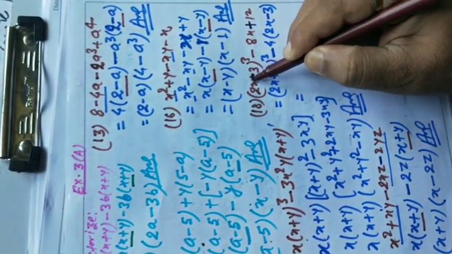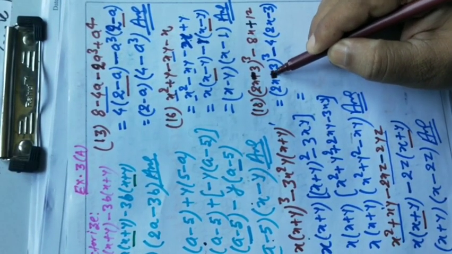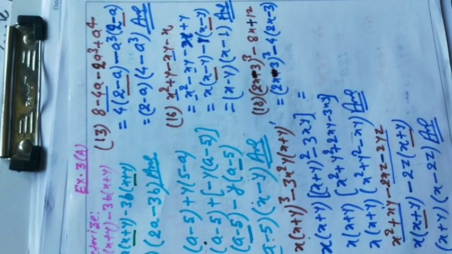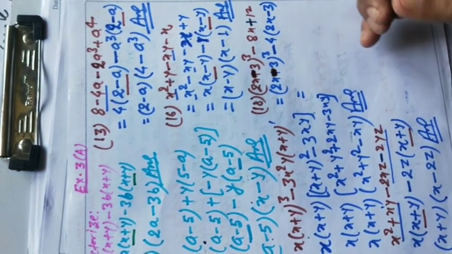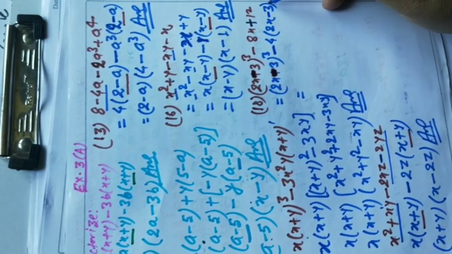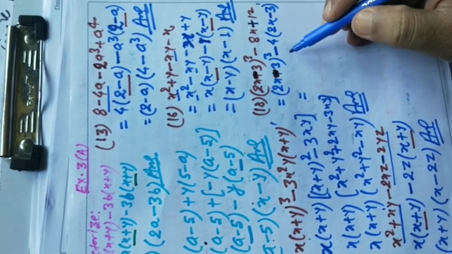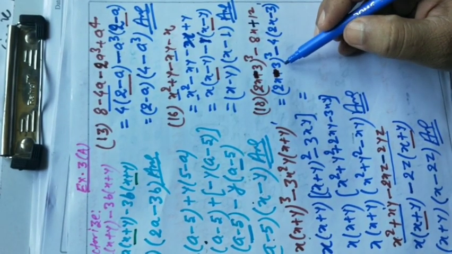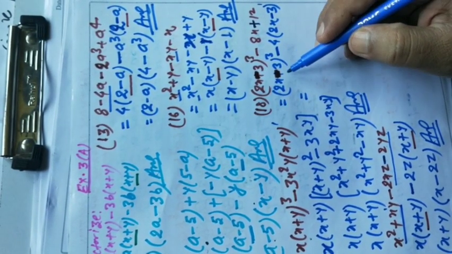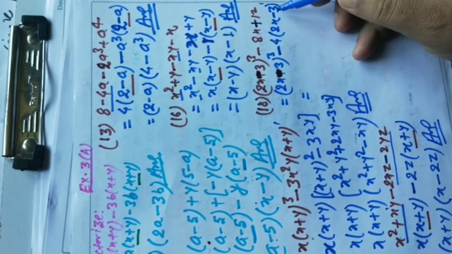Now you can see 2x plus, the minus sign is here, so it will be minus. Now you can see 2x minus 3 raised to the power 3 is here, and 2x minus 3 raised to the power nothing, then 1 is here. So you know that the lowest power will be the common factor. So 2x minus 3 power 1 will be common in these two terms.